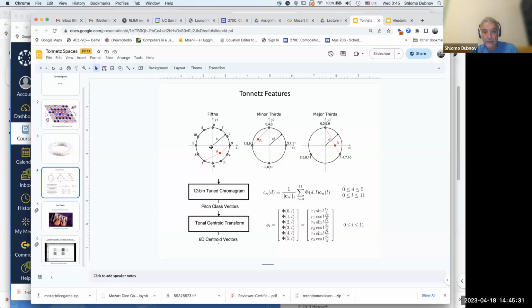Every chroma here will be R1 sine of 7 pi divided by 6. This is the angle going around the circle. Why? Because we basically have 12 nodes, and these 12 nodes divide 2 pi. 2 pi divided by 12 is the same thing as pi divided by 6.